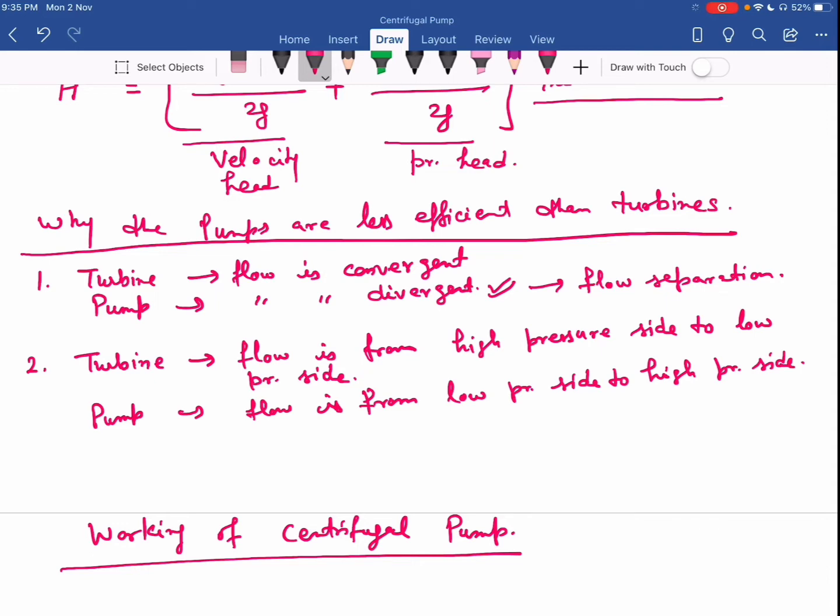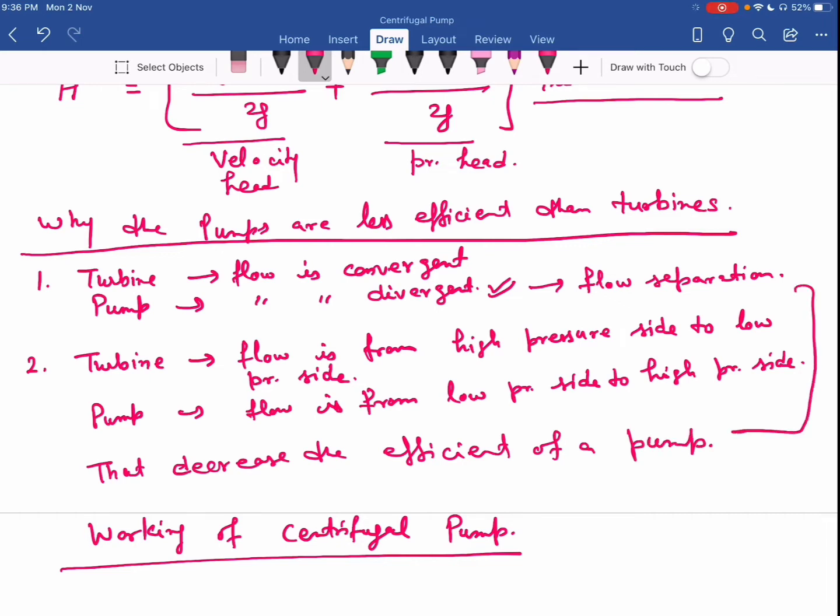When eddies are formed, eddy losses are created, and that decreases the efficiency of a pump. So flow separation forms the eddy losses, and that's why pumps are less efficient than turbines.